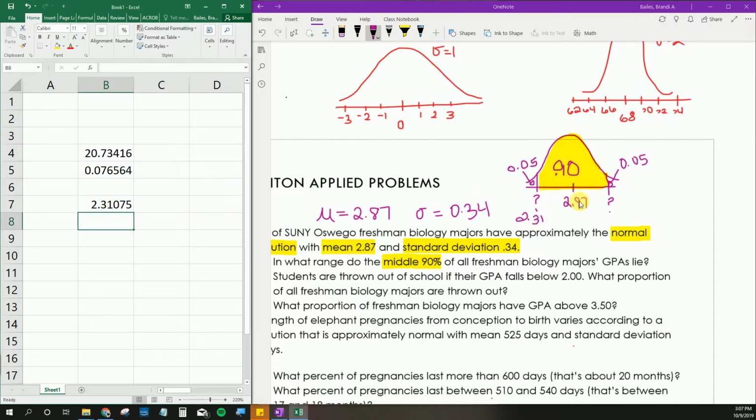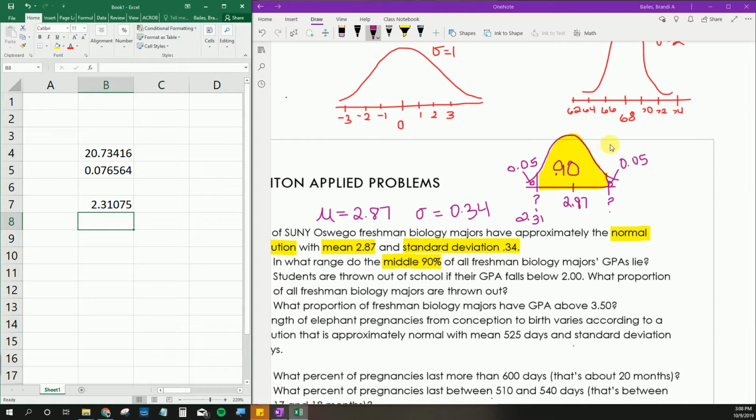Now I need to do the same thing for this other question mark. This one's a little more complicated because I have more area to the left. How do I figure out the area to the left of this question mark? I have 0.90 here, and I have 0.05 here, so the area to the left of this question mark must be 0.95. A quick way to check is to make sure it still adds up to 1.